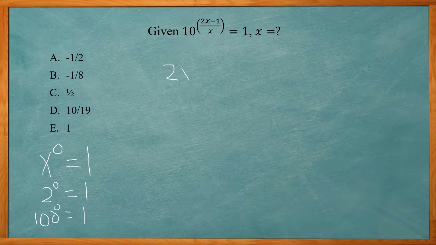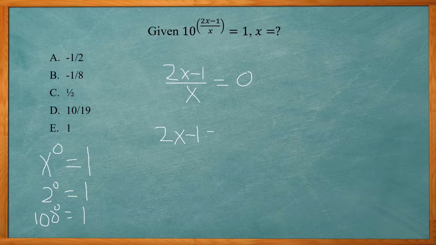So we simply have 2x minus 1 over x. That has to equal 0. And if this is equal to 0, the top part of it needs to be 0. And then we need to verify that the bottom is not 0 because we can't divide by 0. So I'm going to add 1 to both sides. That gives me 2x equals 1.